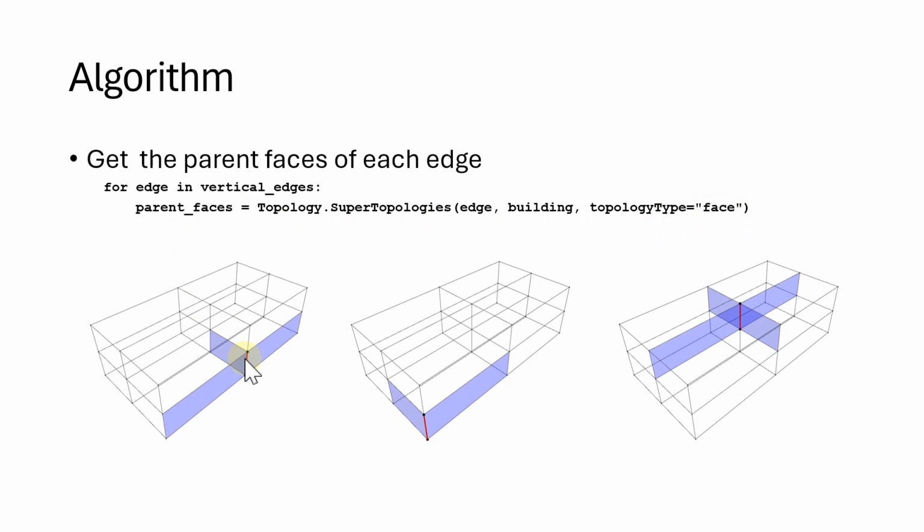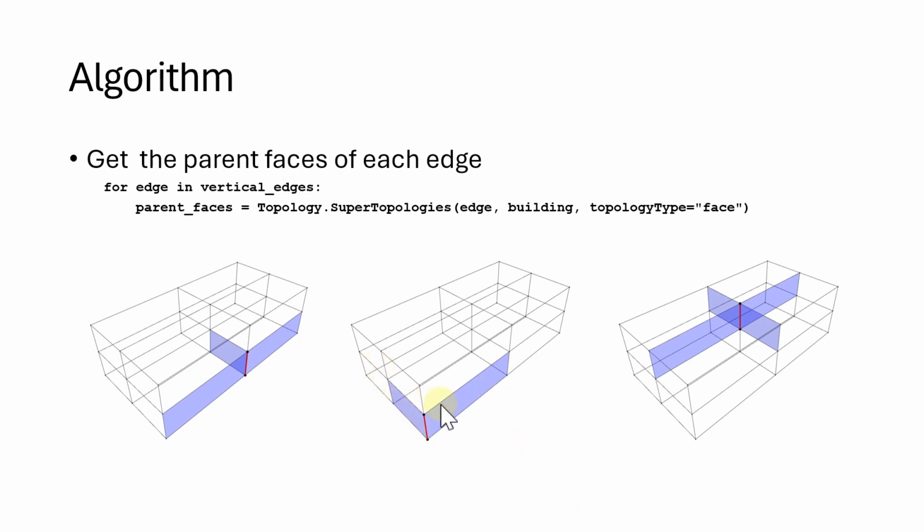In that case, some edges like this one here will return 3 faces. The one in the middle figure here, this edge, corner edge, will return 2 faces. And if it happens to be an internal edge, like this one here on the right, it will return perhaps 4 faces. So we need to figure out which of these edges are the ones that are corner edges, like this one here, that we need to preserve.